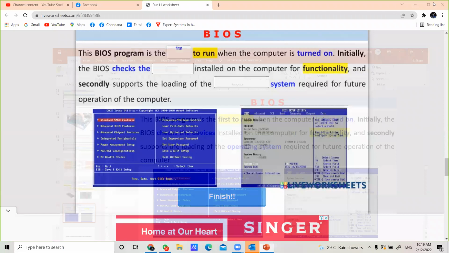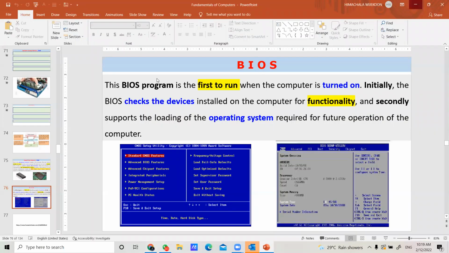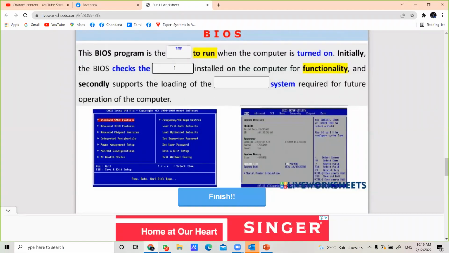BIOS checks the devices installed on the computer for functionality. And secondly, it supports the loading of the operating system required for future operations of the computer.